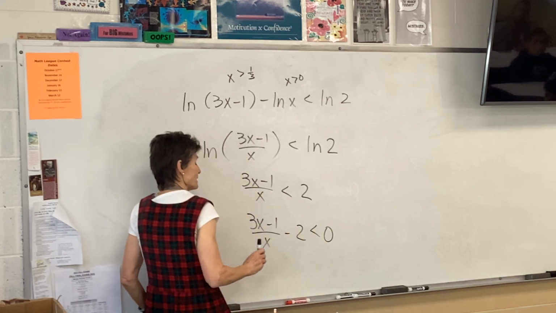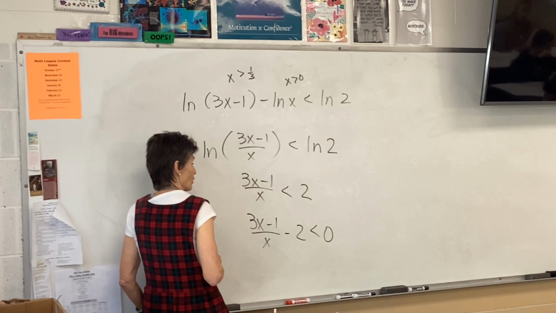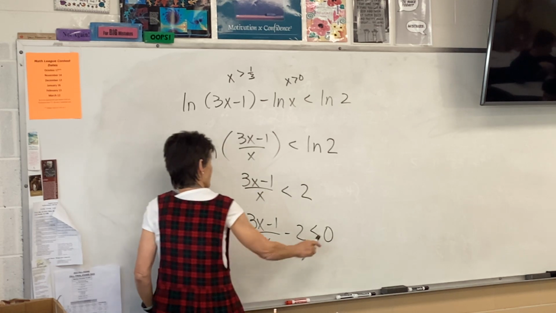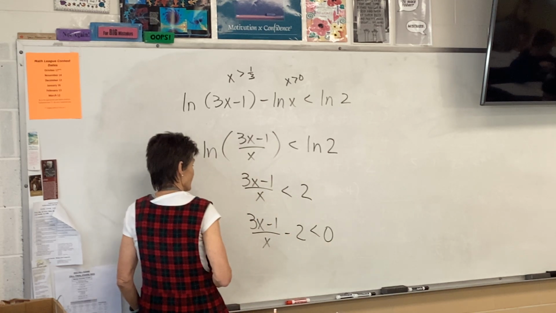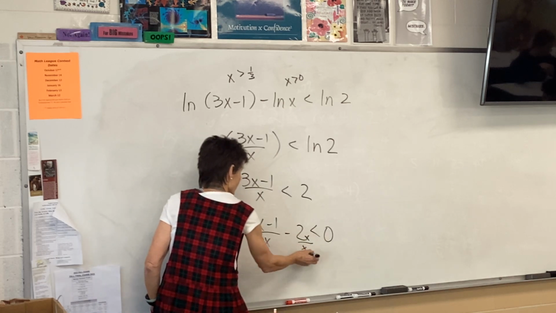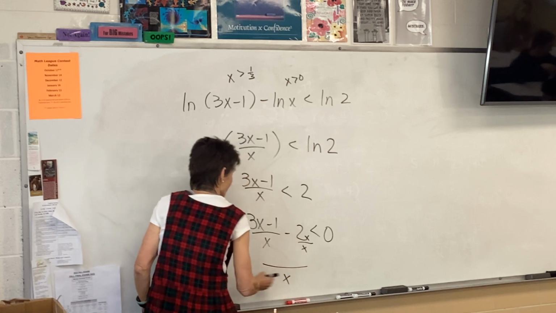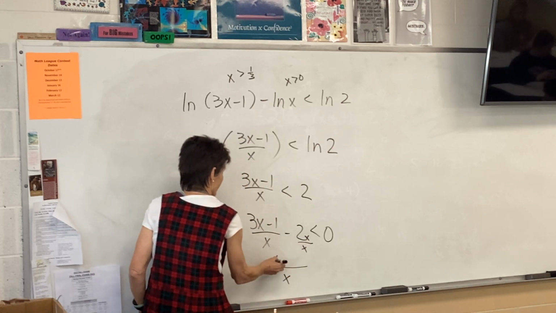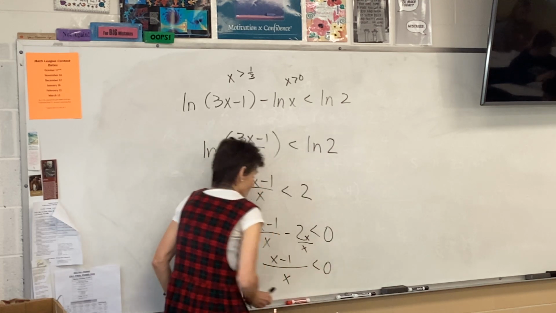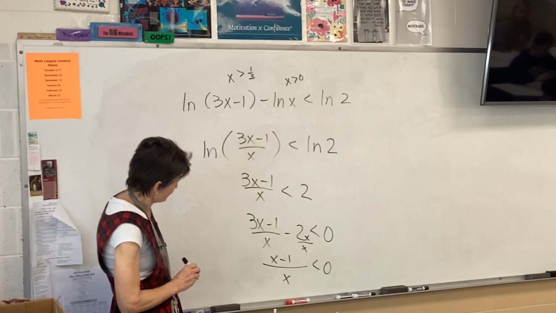Remember, inequalities are all about sign charts, all about positive and negative. So you wanna have a 0 there. Now we can build a single fraction. That looks like that. Did I do that right?